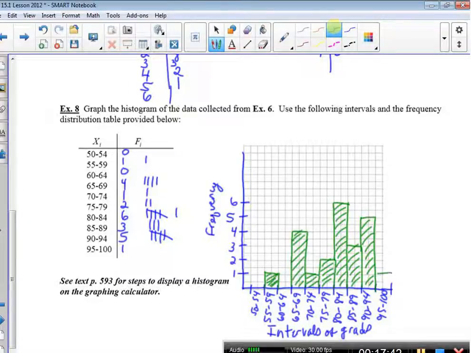And then we have the one from 95 to 100. And there is your frequency histogram. And that ends this lesson.